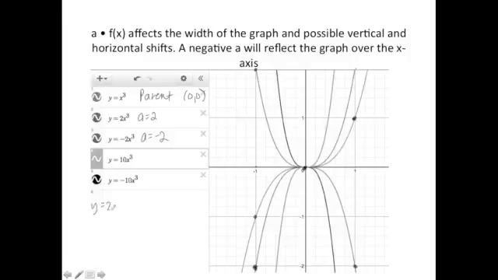Y equals 2x to the third is a down up graph, whereas y equals -2x to the third, paying close attention to the green, would be considered an up down graph. So the end behavior for this would be down / up. The end behavior for this would be up / down.